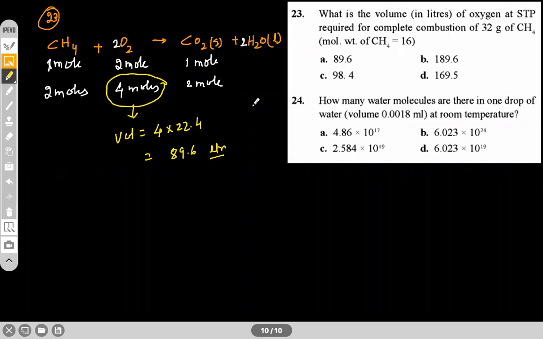What is the density of water? 1000 what? Unit, you tell me. Density of water is 1000 kg per meter cube. Approximately, you can assume 1000 kg per meter cube.